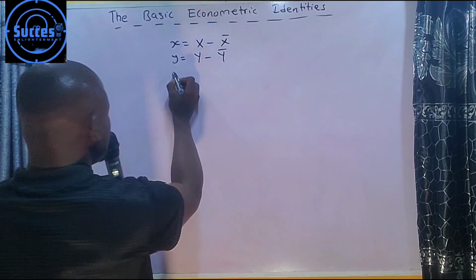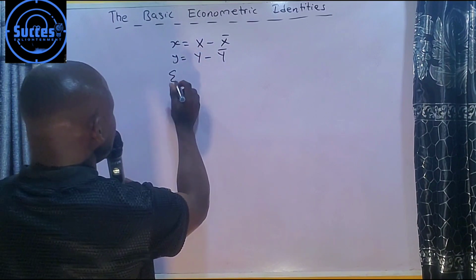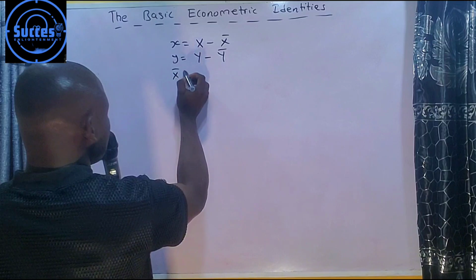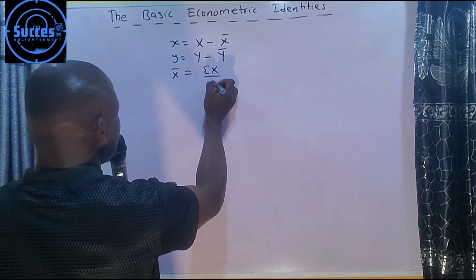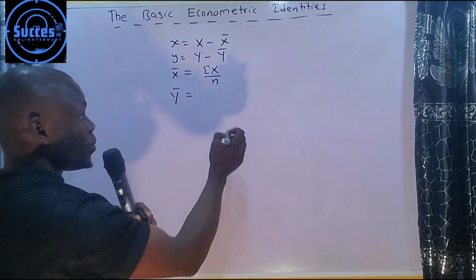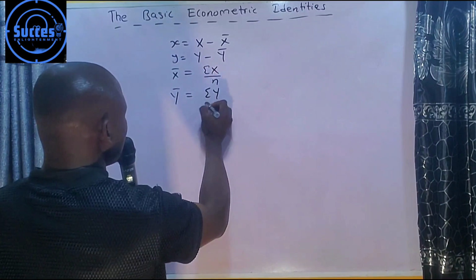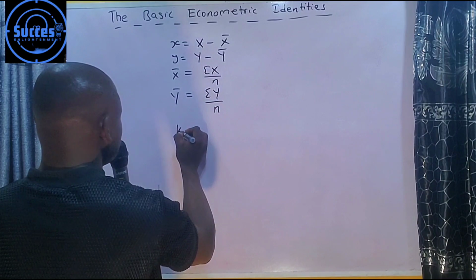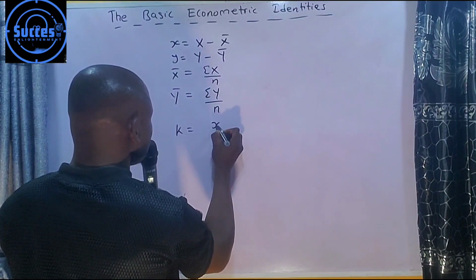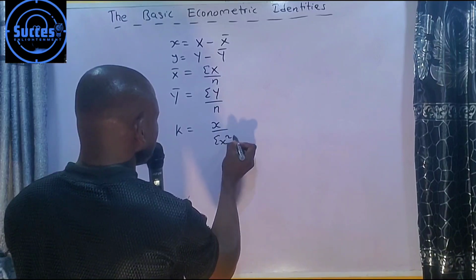Also, we record that X bar, the mean of X, equals summation X over n, and Y bar, the mean of capital letter Y, equals summation Y over n, and we record that k equals small x over summation x squared.